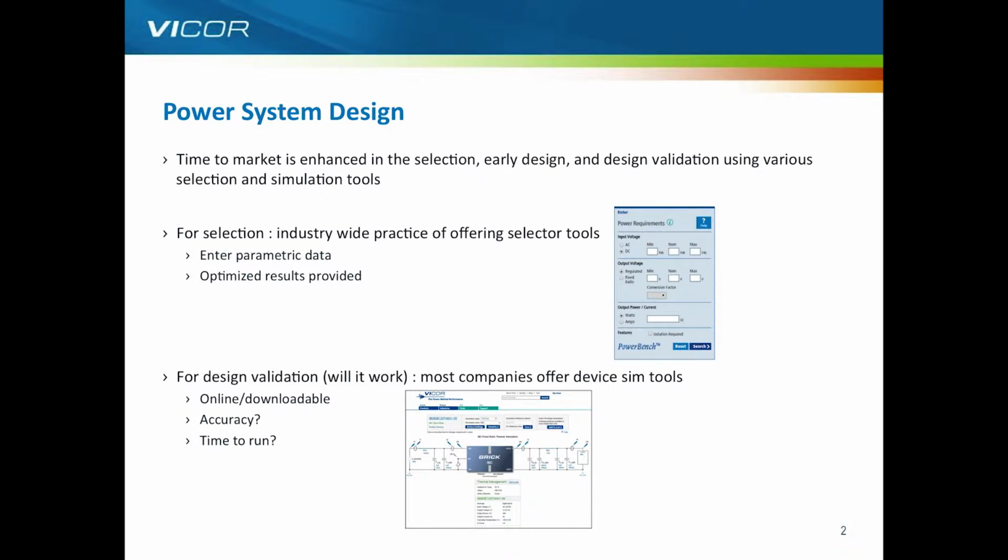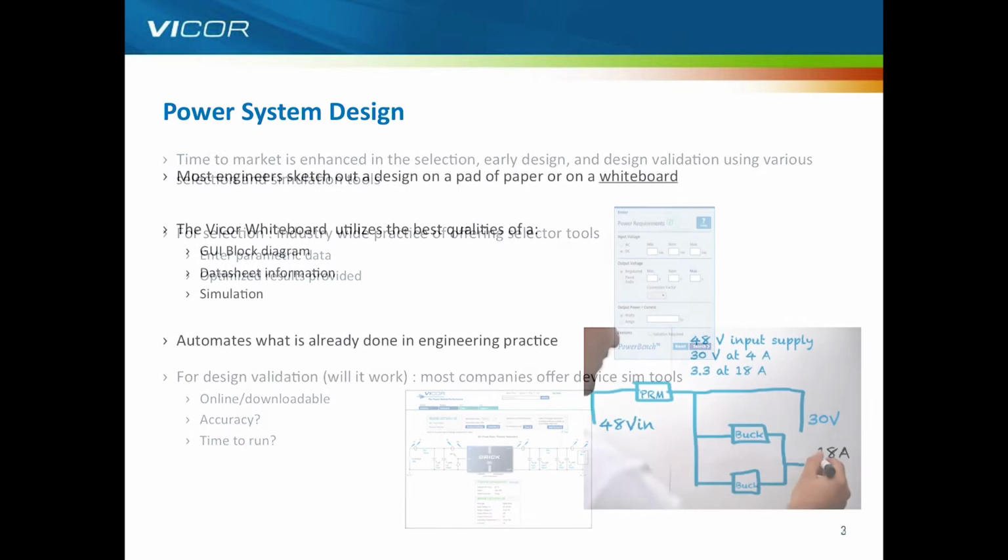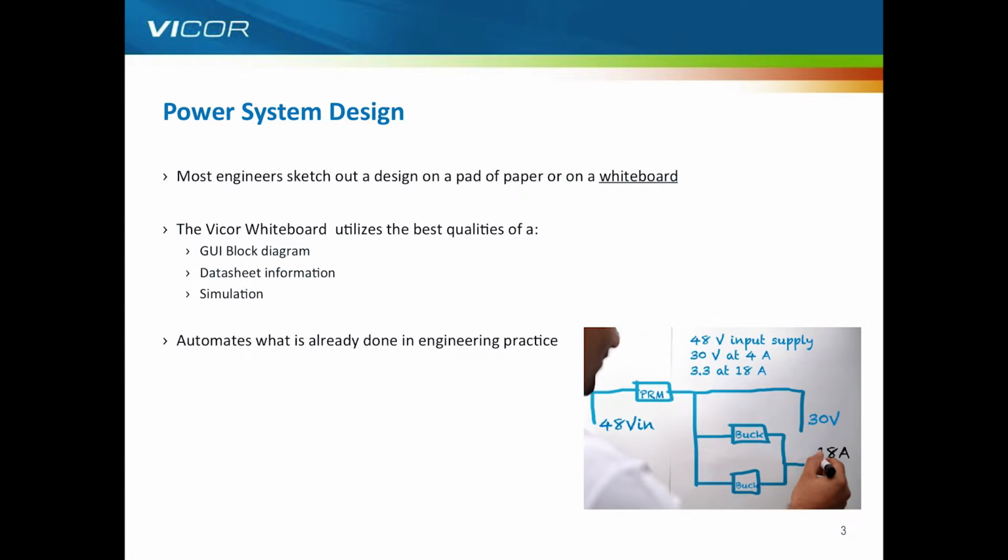Now, once you've selected, let's say, components, if you look at what an engineer then does, as far as designing a system, most people will sketch out in a block diagram form what their solution is. Again, it's vague at first, perhaps. It's the inputs, the outputs, the basic components selected.